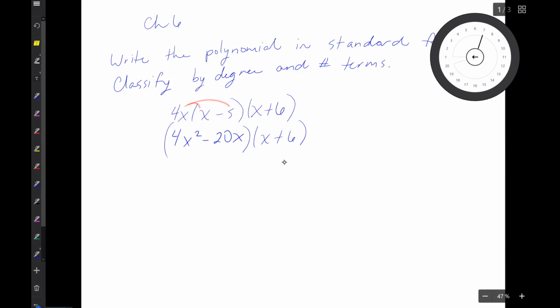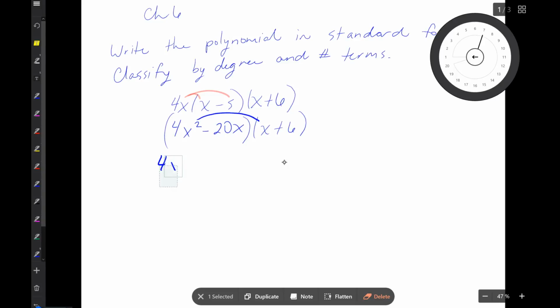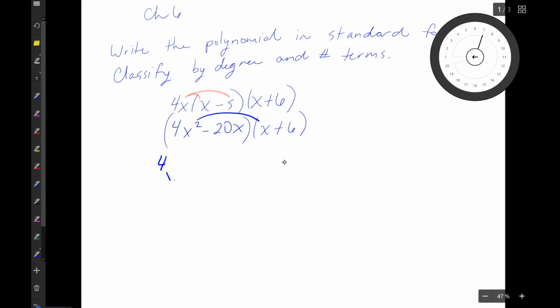Paige, do you know? Like something starts with an F, ends with a L. Ah, close. FOIL, good. So 4x squared times x, what would that become? Good, 4x cubed. Okay, 4x cubed. Outside. What's 4x squared times negative 5? Good, negative 20x squared.